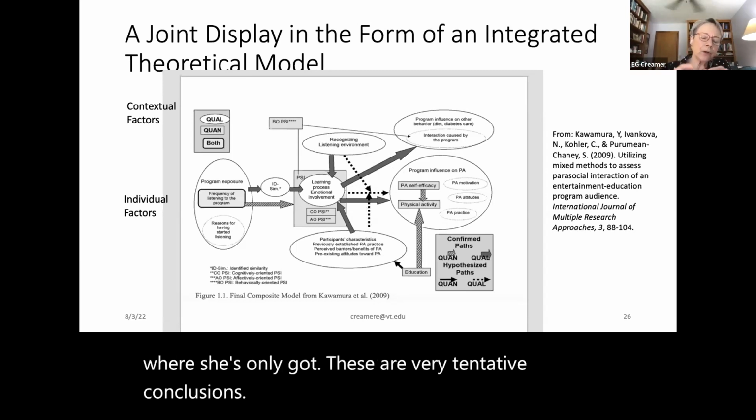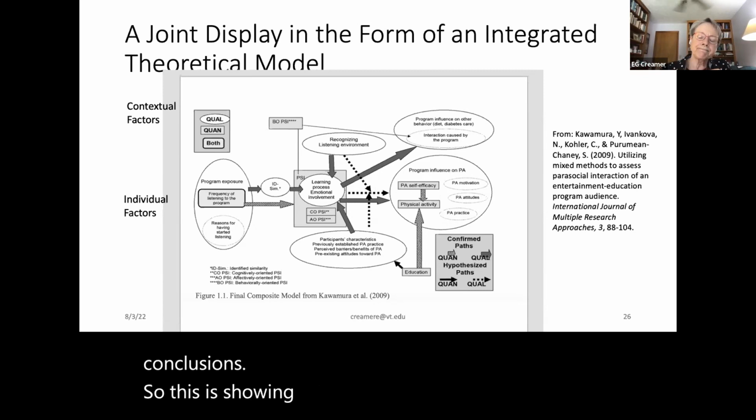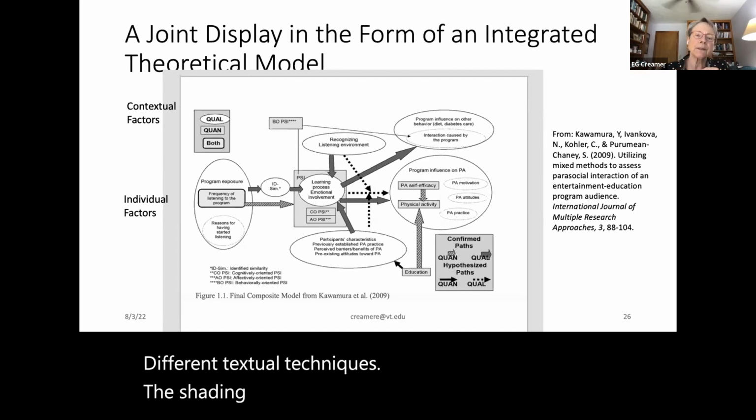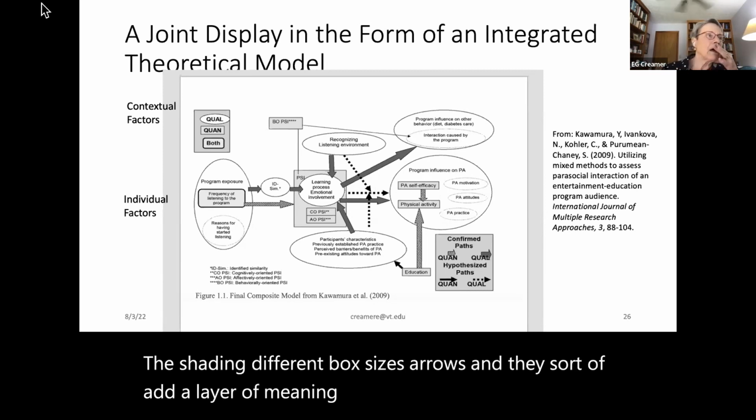So she's recognizing areas where she's only got very tentative conclusions. So this is showing you using different textual techniques, the shading, different box sizes, arrows, and they sort of add a layer of meaning to that.